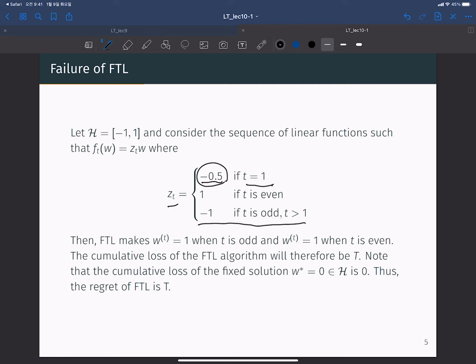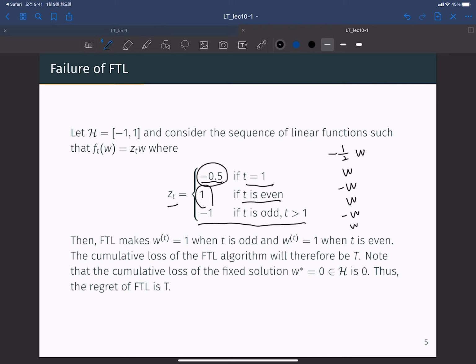When t is even, so t is equal to 2, 4, 6, 8, and so on, g_t is equal to 1. And when t is odd and strictly greater than 1, g_t is minus 1. Which means the f_t(w) function starts from minus 1 over 2 w, then it becomes w, minus w, w, minus w, and so on.